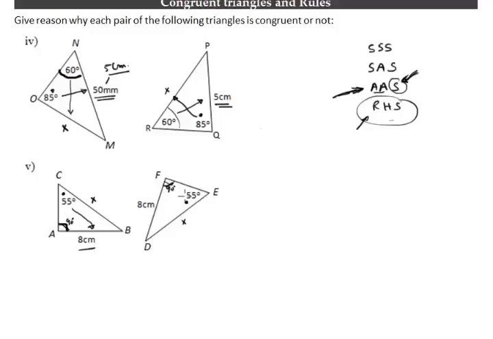Here the 55 degree angle's opposite side is also 8 centimeter. So between these two triangles, two angles, 90 degrees and 55 degrees, and the 55 degree angle's opposite sides, that is the corresponding sides, are also equal. So we can conclusively decide that these two triangles are congruent.